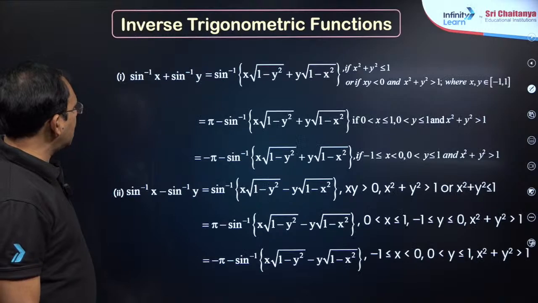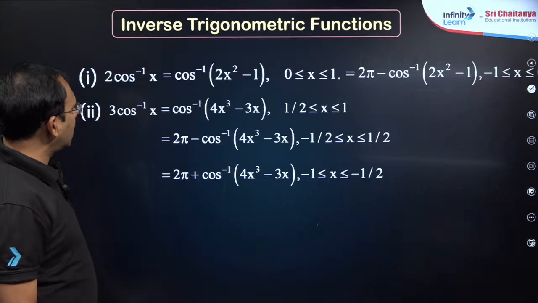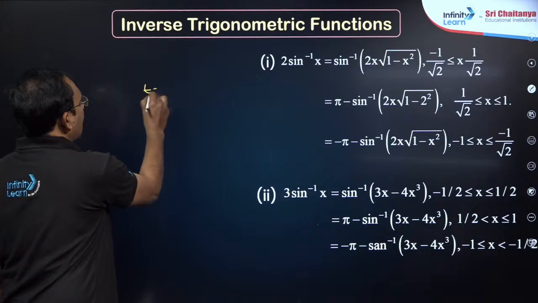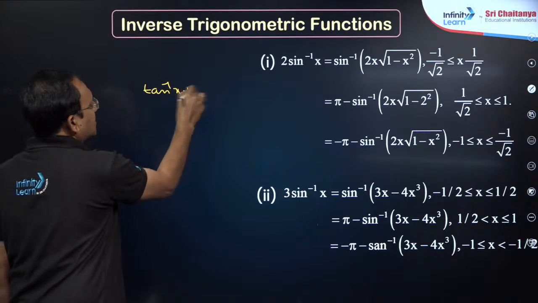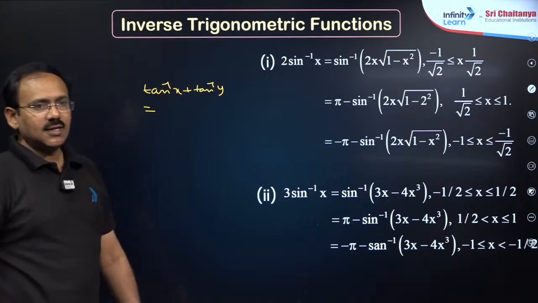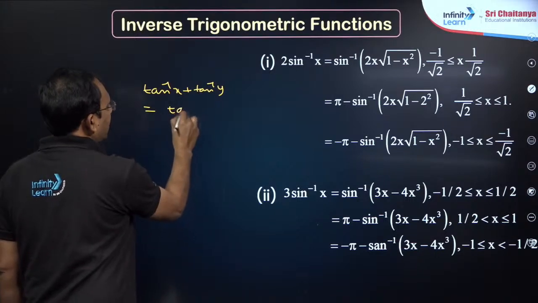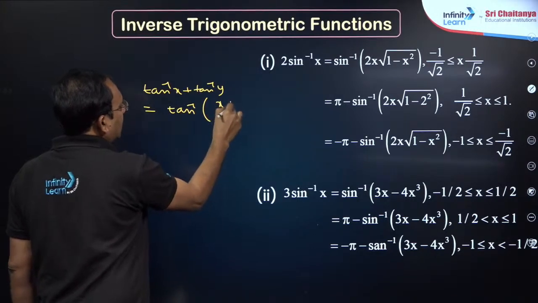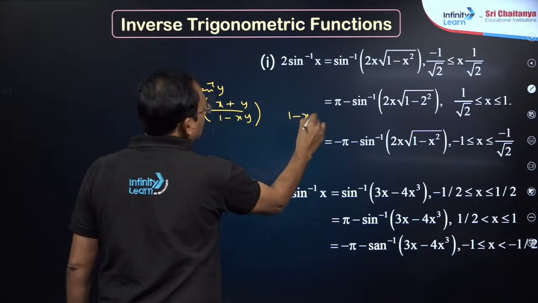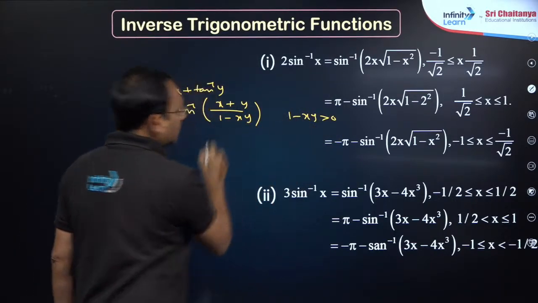Next, in these formulae, this seems to be hectic. I will try to give some basic version here. So first, tan inverse x plus tan inverse y, my dear friends. Try to remember the formula like this. You just write the basic formula, tan inverse of (x plus y) by (1 minus xy). After writing, you check the denominator.